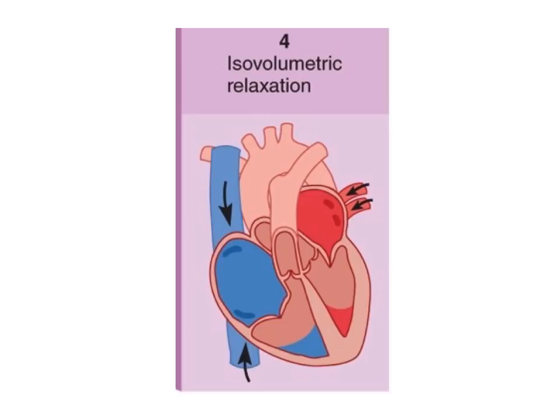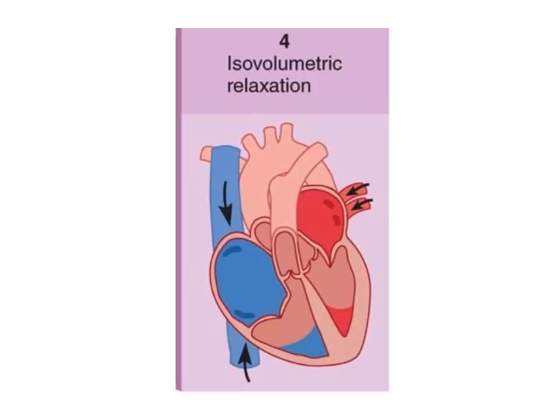At the beginning of this phase, your ventricles are going to start entering diastole, and they're going to change from isotonic contraction to isometric contraction. So that means the muscle fibers are going to go from shortened back to their longer length.